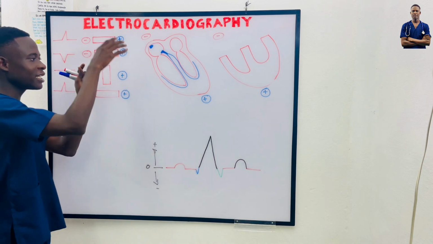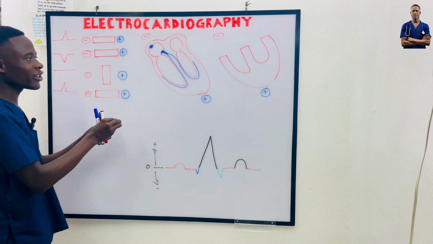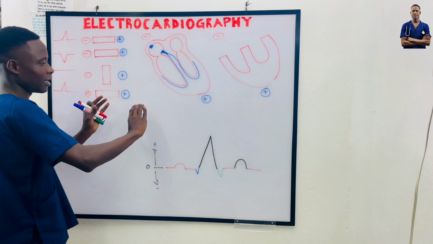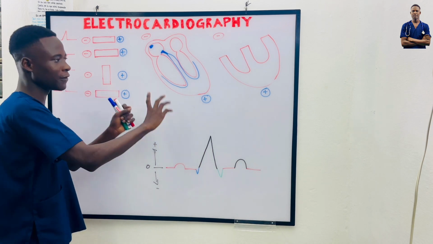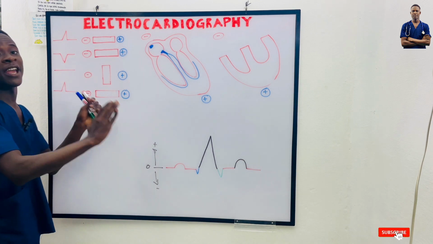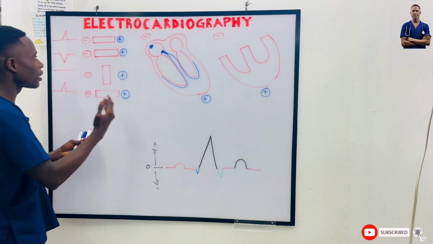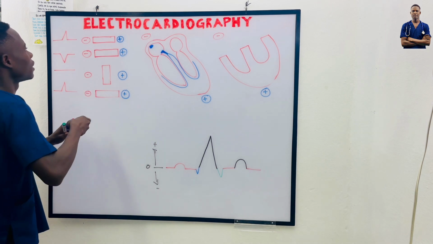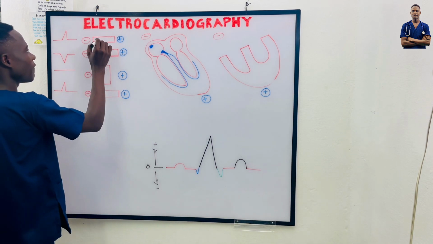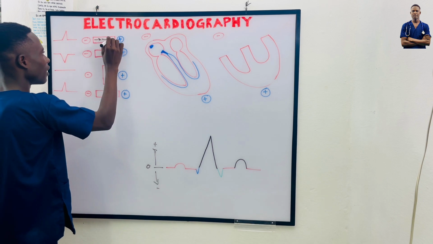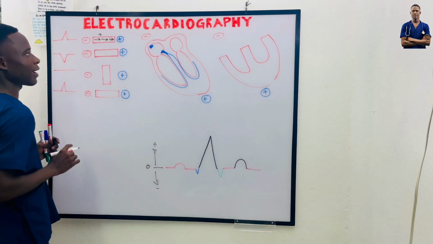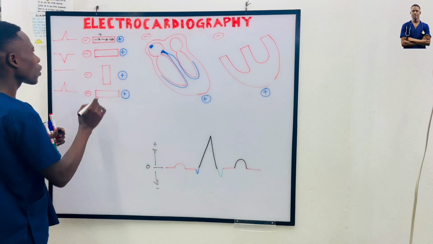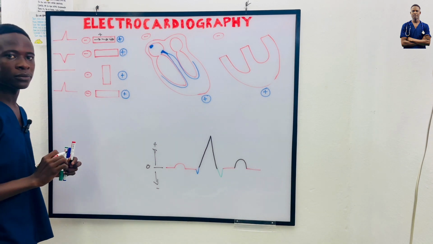So here, this transmission of the electrical impulse, I'm going to represent it with a vector, and because it's being done by excitatory positive ions, I'll represent it by a positive vector. And we know when there's a movement of a positive vector towards a positive electrode, we record it as a positive wave.